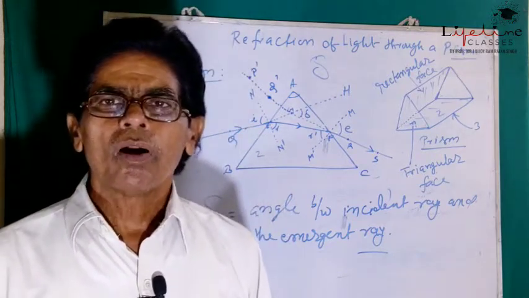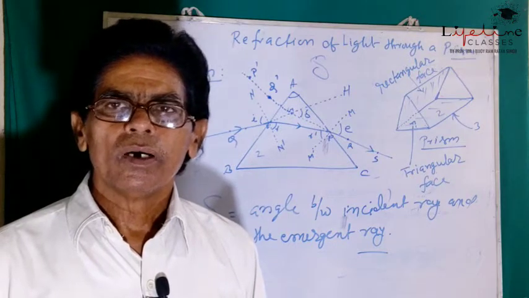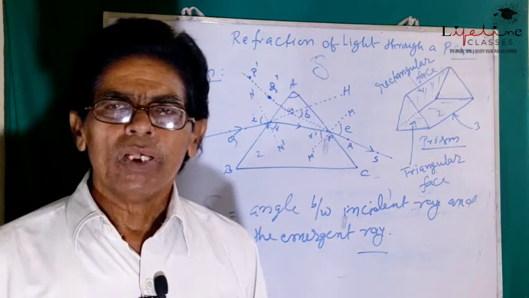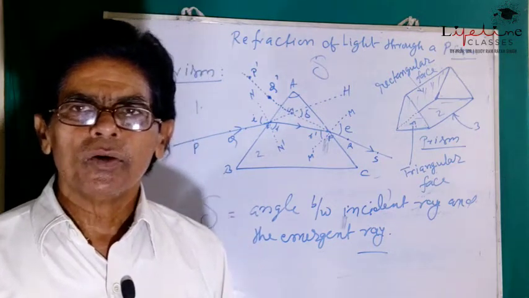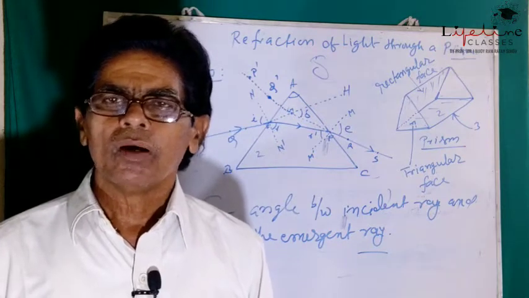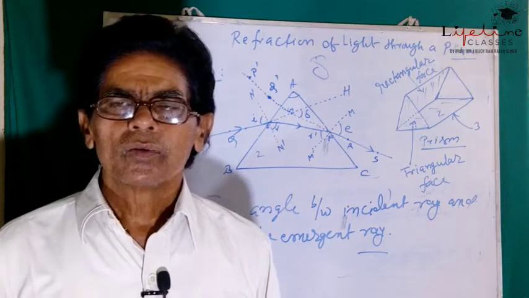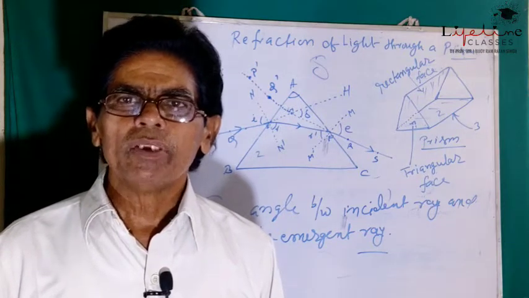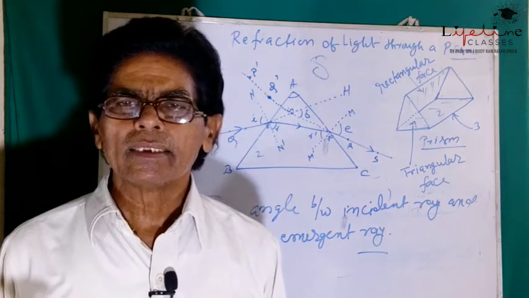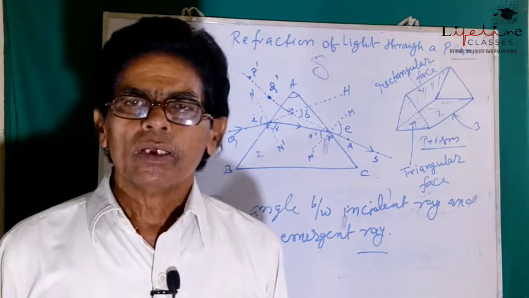Means for red light, you know the wavelength of red light is larger than that of violet or other visible lights. So among the 7 visible component colors of white light, red light has the greatest wavelength.